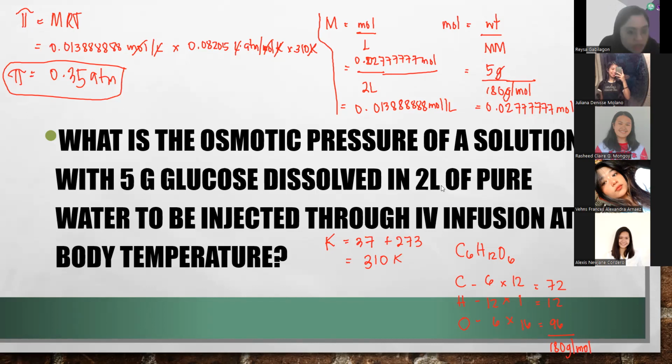Our solution here is 2 liters. Once you get the molarity, you can proceed with the computation. You have the molarity now and the gas constant, and where did the 310 Kelvin come from? It's the body temperature, which is 37 degrees Celsius converted into Kelvin. And then just multiply everything, cancel the units. That's how we got the 0.35 ATM. Okay? Do you have questions or clarifications?